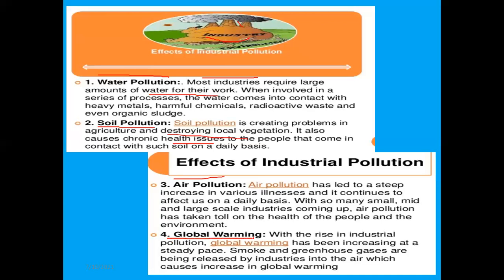Fourth one is the global warming process. With the rise in industrial revolution, global warming has been increasing at a steady pace. Smoke and greenhouse gases are being released by industries into the air, which causes an increase in global warming. So what is global warming?